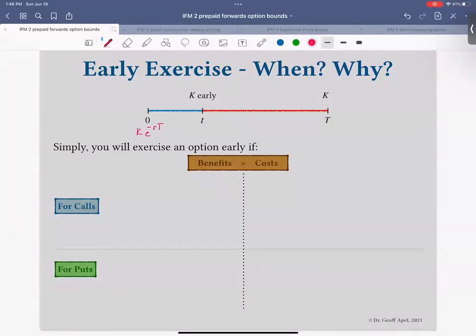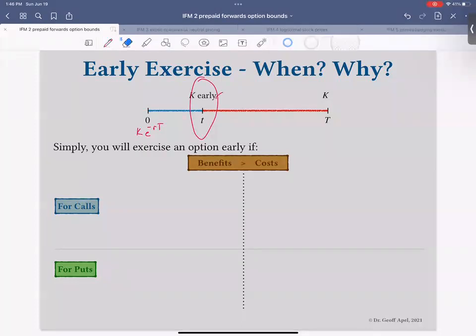Now let's think about the benefits and the costs or downsides to exercising early. If nothing else happens, maybe at the end we'll exercise and get the stock. But there might be some point in the middle where I choose to exercise early. For a call, that means you would purchase the stock earlier than expected.